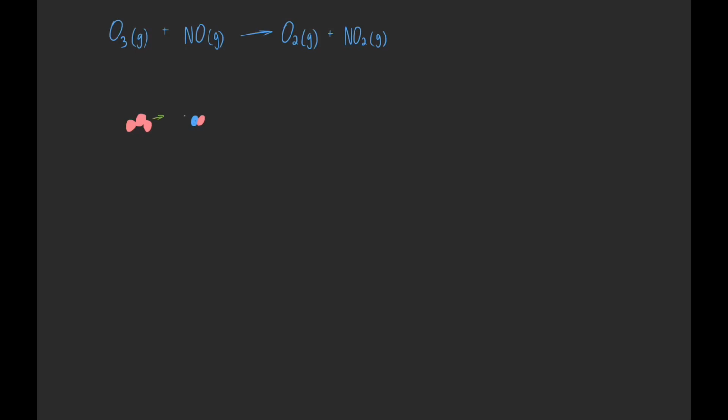So these are going to come towards each other, they're going to collide with one another, and we're going to form the activated complex. Our activated complex for this particular reaction is going to be where we're beginning to break one of the oxygen bonds, but we then start to form an oxygen-nitrogen bond.